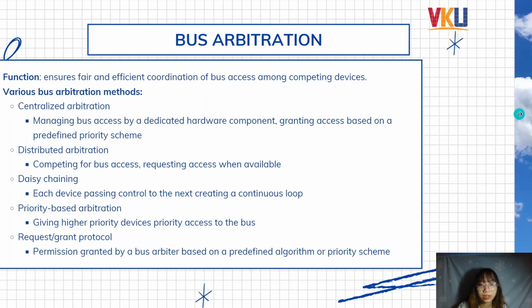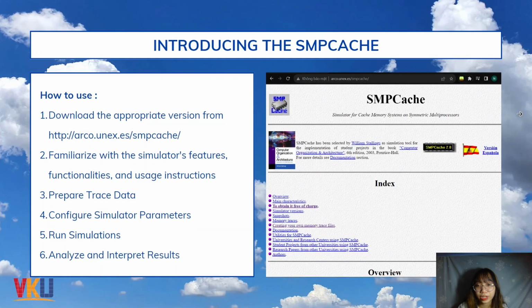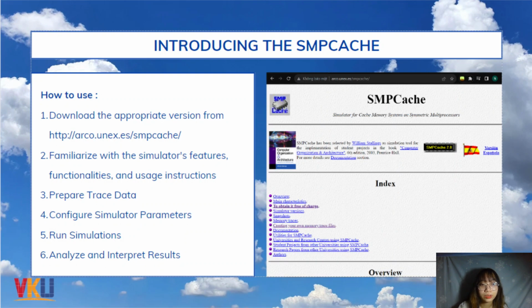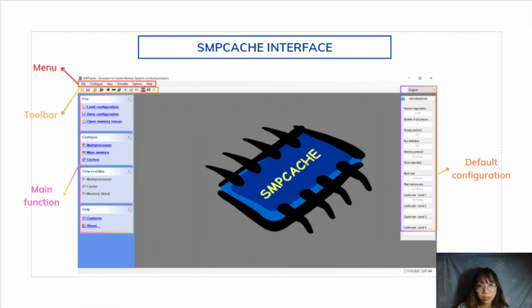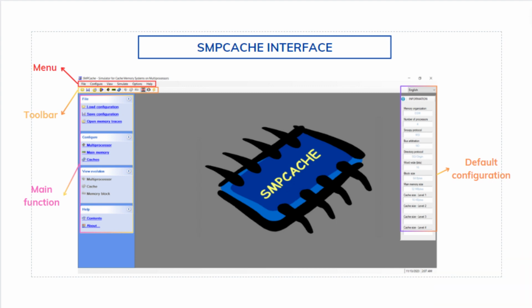And now I'm introducing the simulator SMPCache. First we come to how to use this simulator. Firstly, we need to get this simulator on our computers. We can download the appropriate version from the link here. So this is the interface of the SMPCache simulator for cache memory systems on multiprocessors.